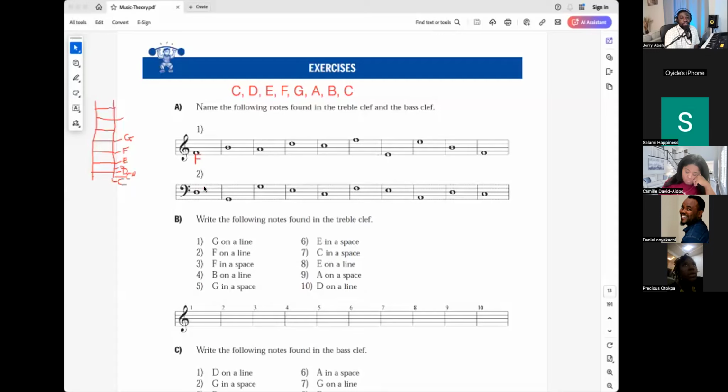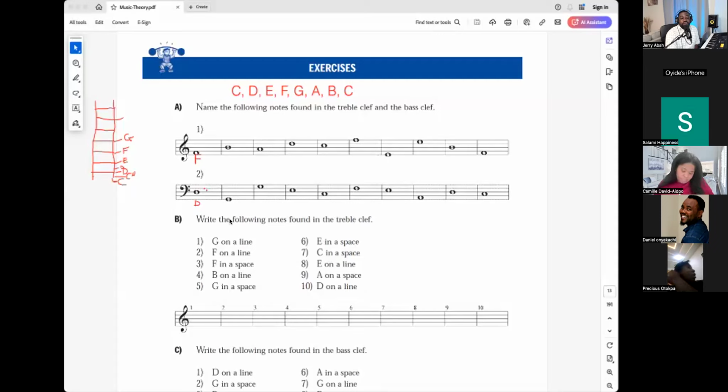So if this line is F, it means this space will be E. So if this space is E, then what will be this line? This line is going to be D. So this note right here on the bass clef is a D.